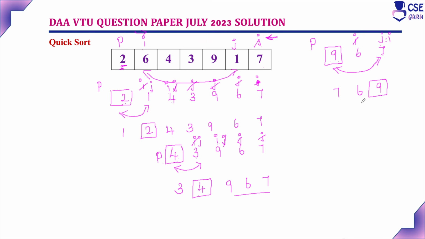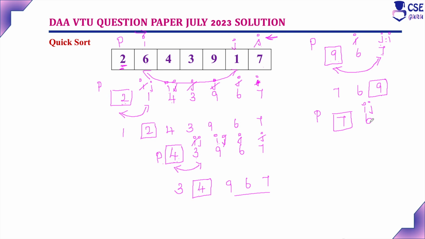This is the left side array. Again, the same procedure you have to implement for the left part of the array, because this is not sorted, right? Here the first element is the pivot element, the second element is I, and this last element is J. Increment I to find the first element greater than the pivot element. You cannot increment further, so 6 only.